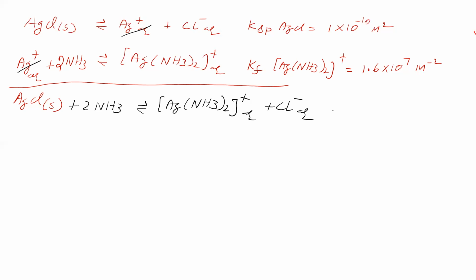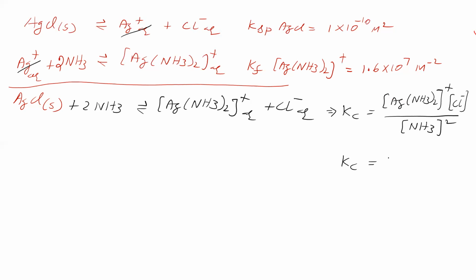Now for this we can write equilibrium constant Kc is equal to the concentration of this complex ion into the concentration of chloride ion by the concentration of ammonia squared. Now this equilibrium constant Kc we can get by multiplying this Ksp and Kf.